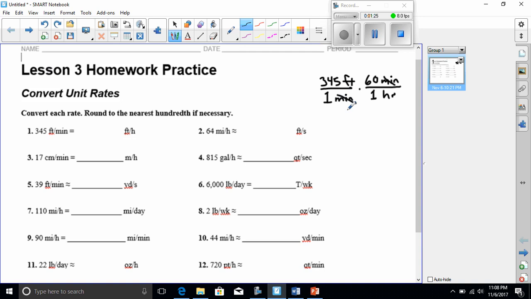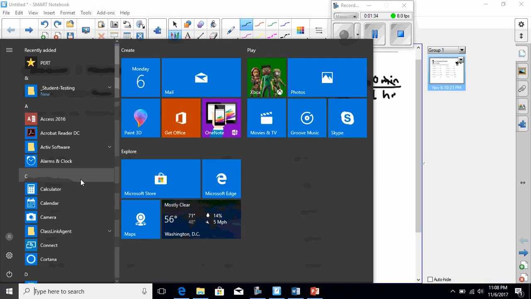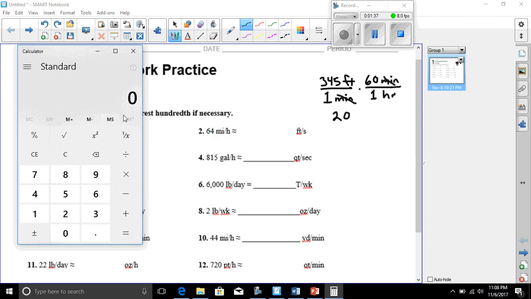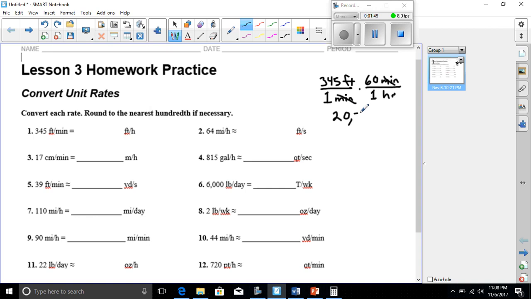I'll use a calculator here just to make sure that I'm doing this right. 345 times 60 would be, yes, 20,700 feet over 1 hour.